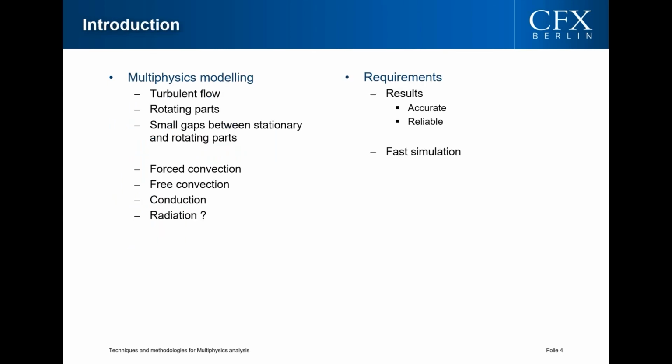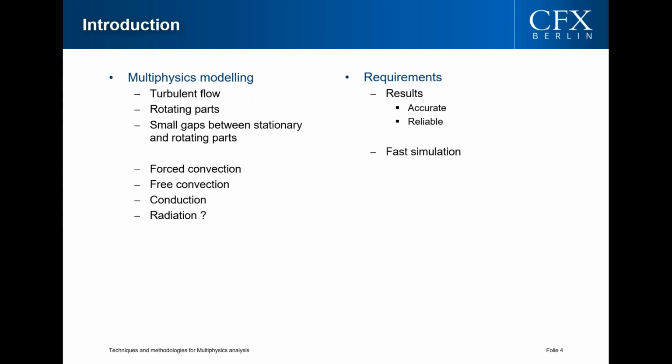So first of all, we said that we need to do some multiphysics modeling. So we need to model quite a lot of different aspects in the flow and in the thermal effects of the motor. So it means you have to deal with turbulent flows, you have some rotating parts in the motor, and of course you have small gaps between stationary and rotating parts. It's for the flow.